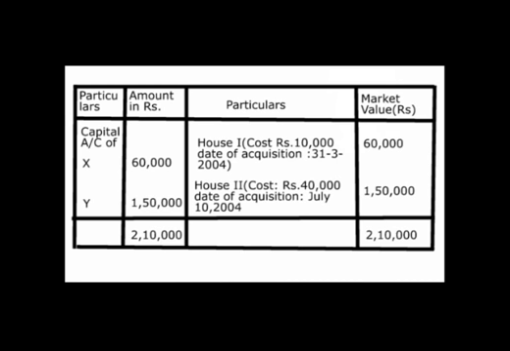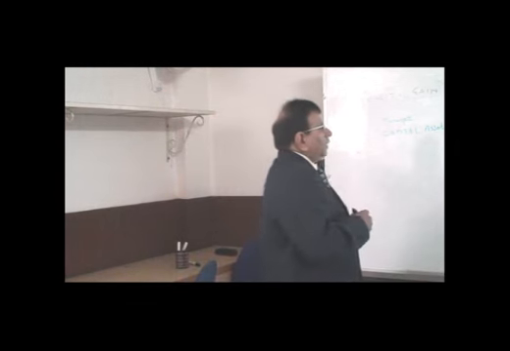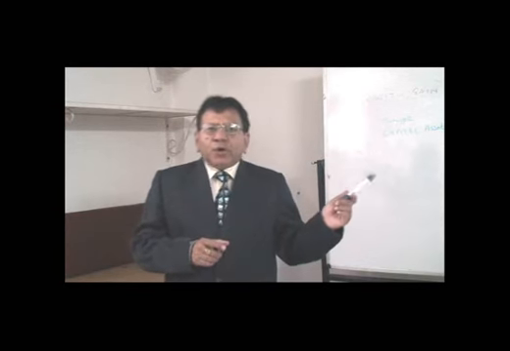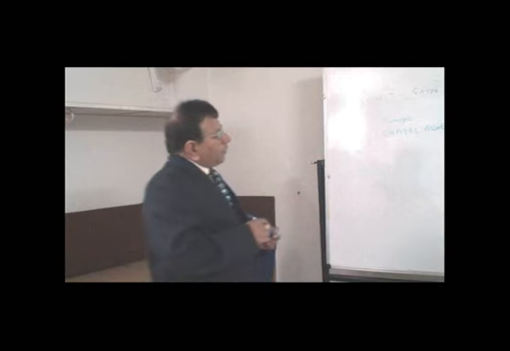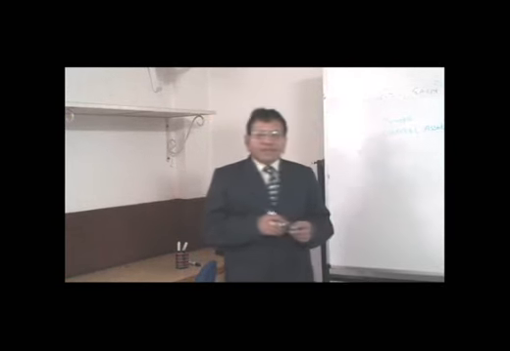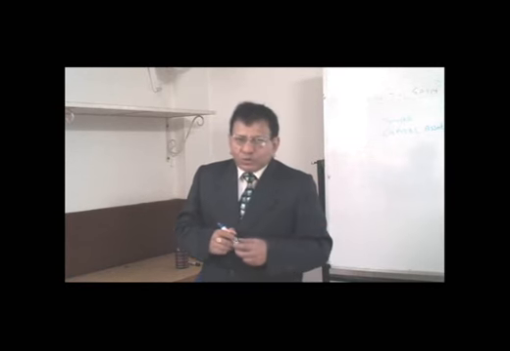Now these two houses are there and the two HUF members are there and they want to finalize the partition. If you kindly see, there are two options. The first option available to the Hindu undivided family is that they should sell both the houses, that is house 1 and house 2.